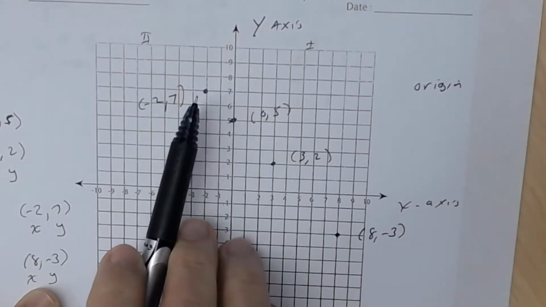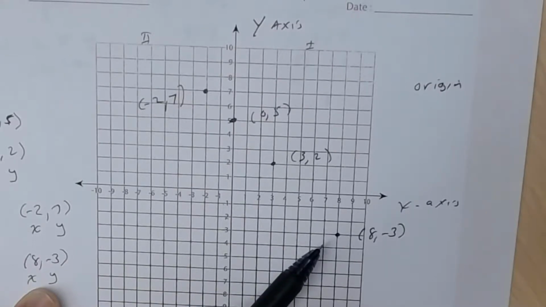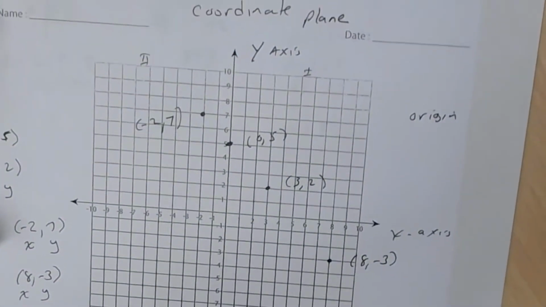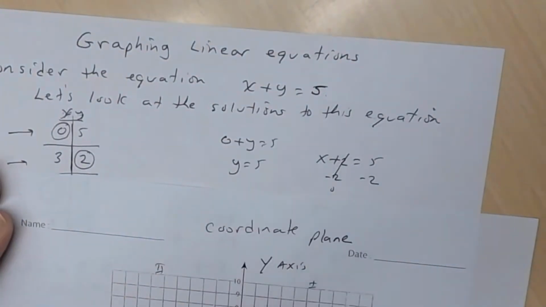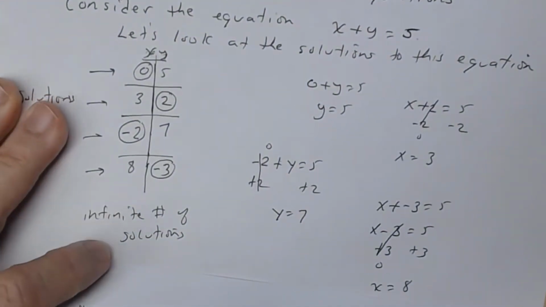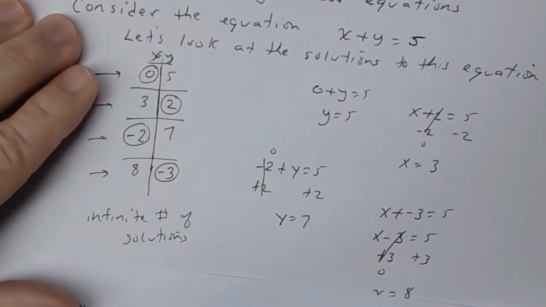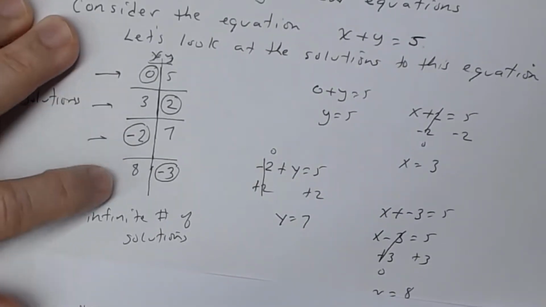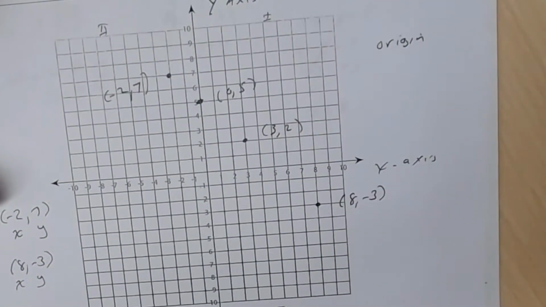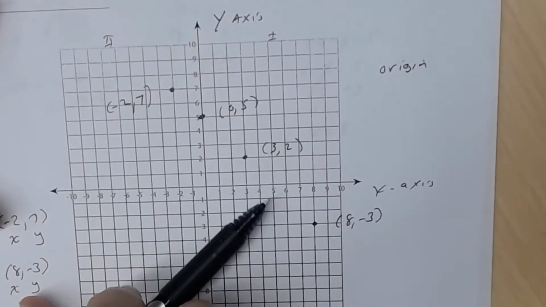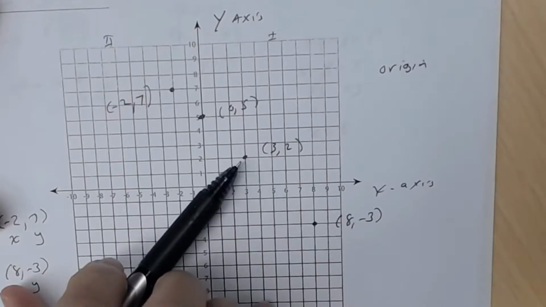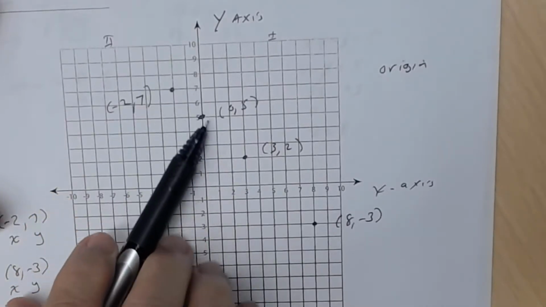Now remember, these points are solutions to this equation that we had earlier. And we also noted there's an infinite number of solutions. All I've done was give 4 solutions, but there's an infinite number. Notice that these solutions look like they lie on the same line.